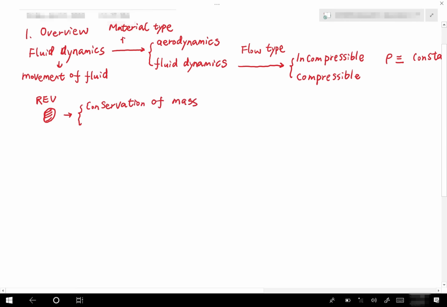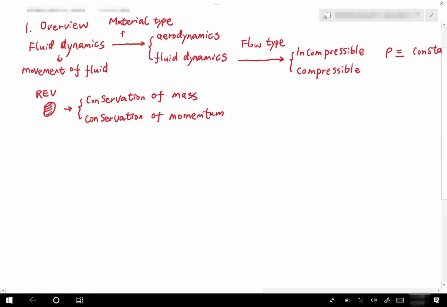And the second one is the conservation of momentum. In the following, I will show you how to get the governing equations for the conservation of mass and the conservation of momentum. So first, let's take a look at the conservation of mass.